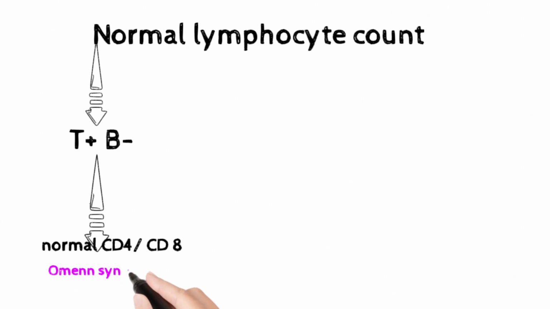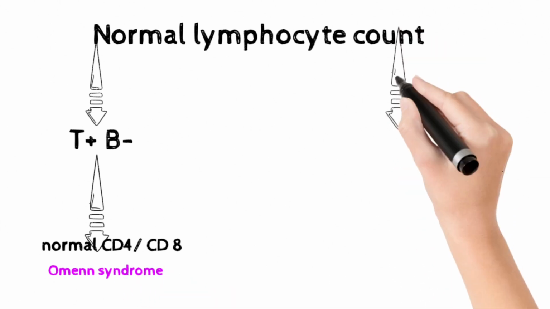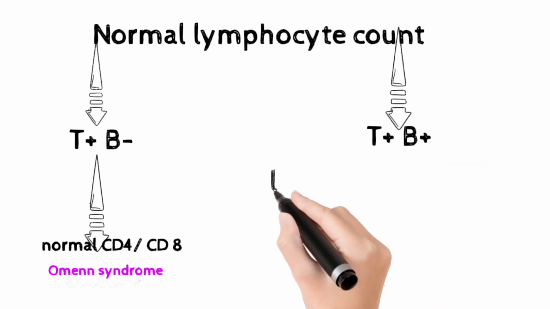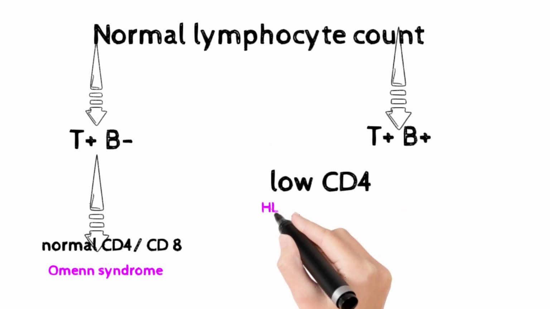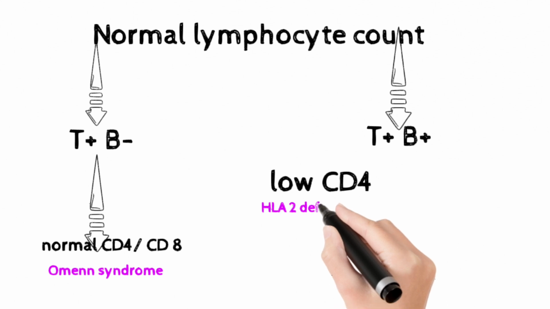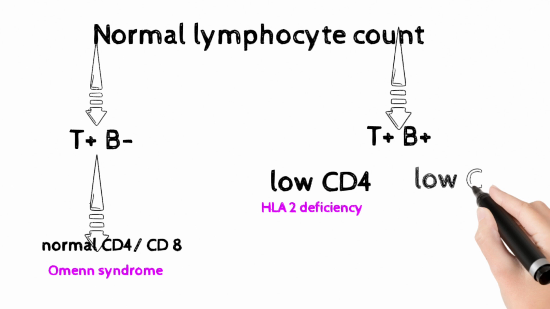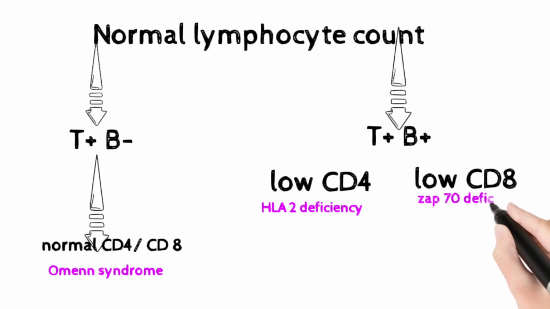Here we have Omenn syndrome. In another situation, if we have normal lymphocyte count and T positive and B positive, both present, and we get low CD4, then we have HLA class 2 deficiency. In another situation, if we have low CD8, then we have ZAP70 deficiency. These are complex, still you have to remember. Questions may be asked.